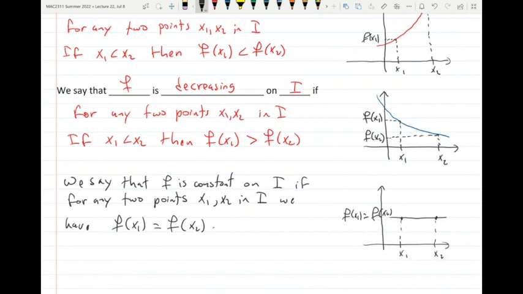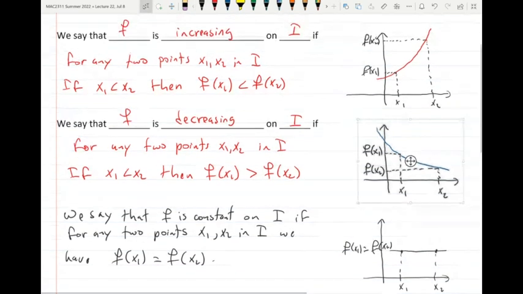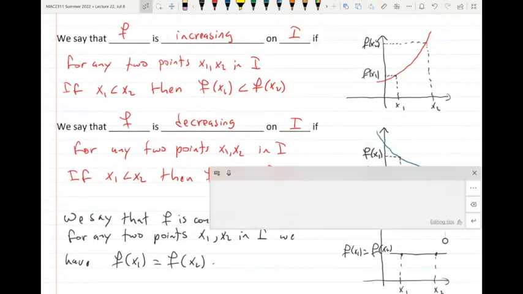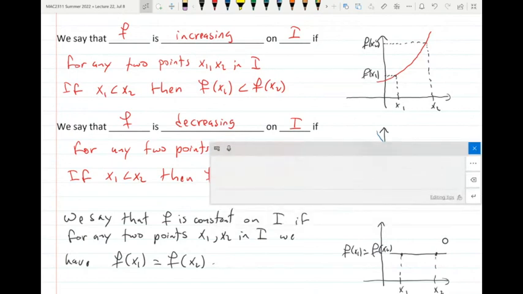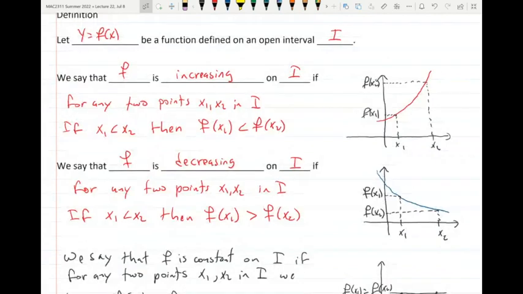Okay. So now what we want really is to be able to determine this behavior from the formula, right? Now the thing is that this is the precalculus definition of increasing, decreasing, constant. However, it may not be that straightforward to figure this out, because solving inequalities in general is not an easy job.